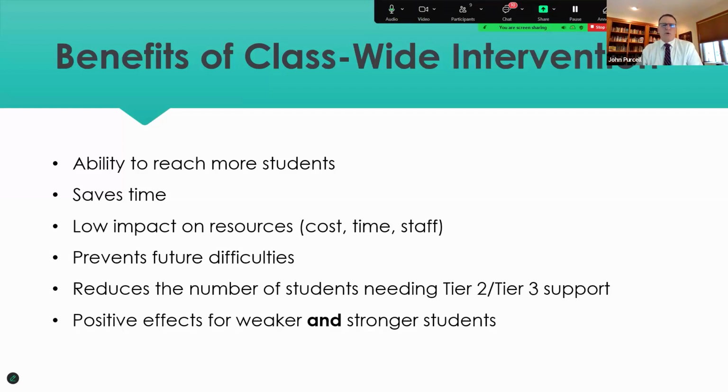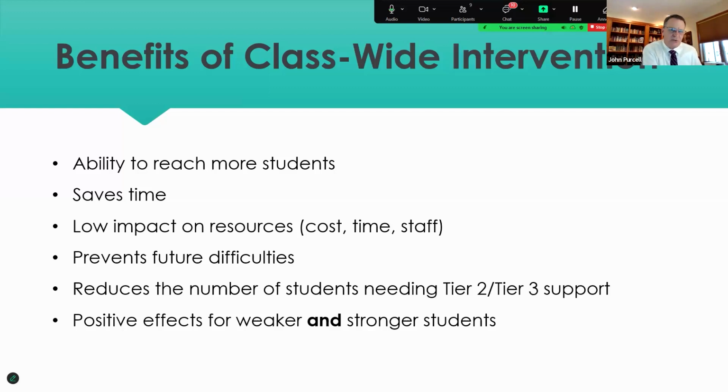Why class-wide intervention? Well, first of all, we can reach more students. And the way we do that is through students working together, peer-assisted learning. So in some regards, we're going to save time. Now, when I say save time, students are working together. That does not give us license to not be monitoring what they're doing and taking notes of how they're doing.